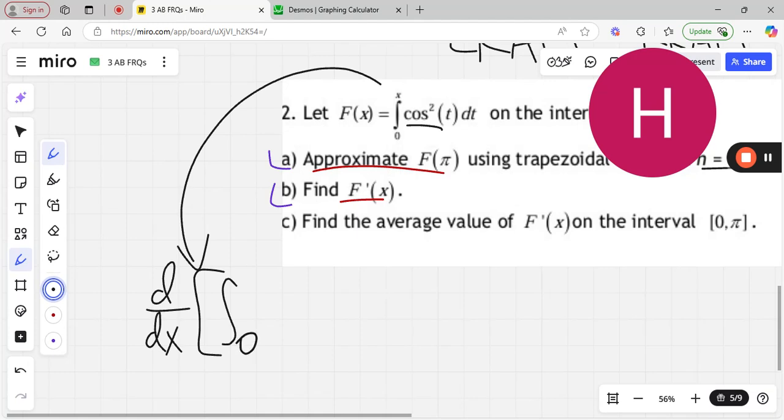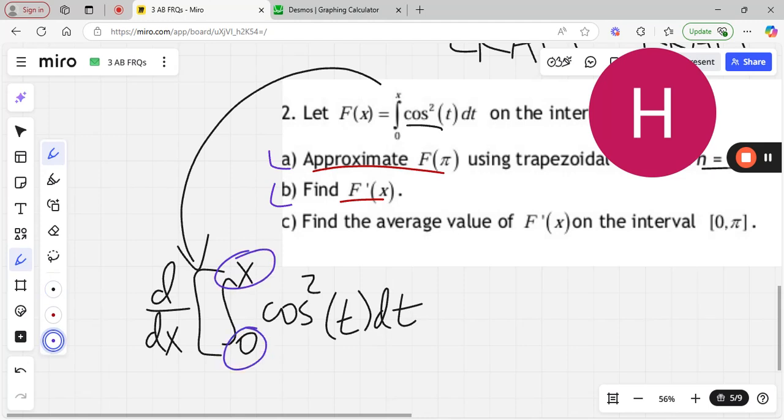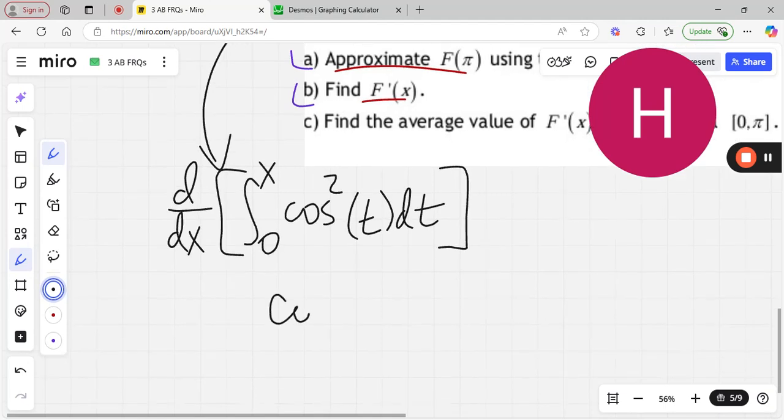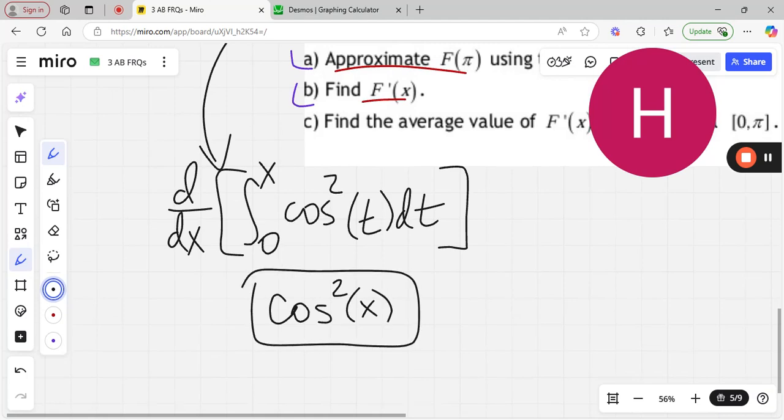But if we have to take a derivative, sometimes there's some fancy stuff going on with the limits. Like if this is not just x, if it's like 3x squared or something, and if there's an x thing here and an x thing here, there's a little more to the process. But otherwise, it's really just going to turn into cosine squared x. Not even dx anymore.